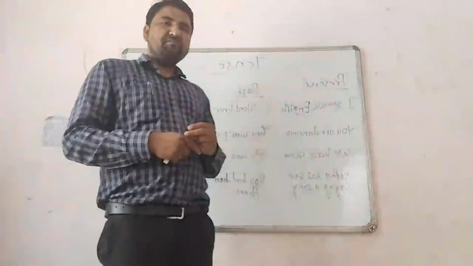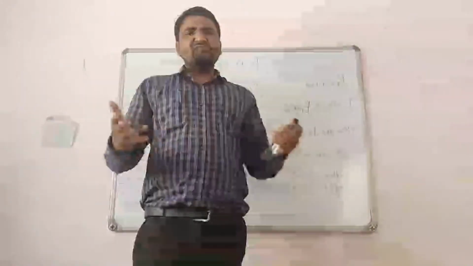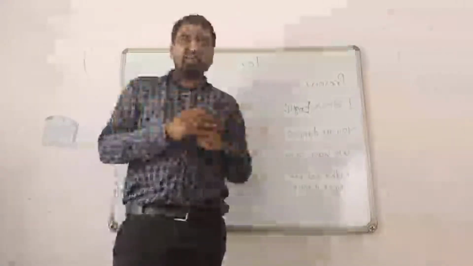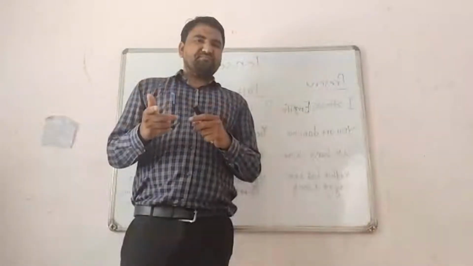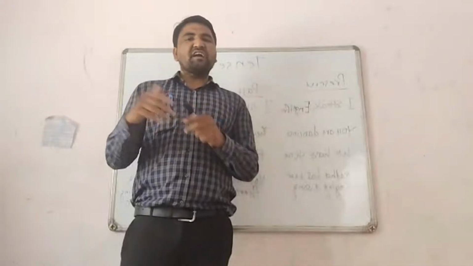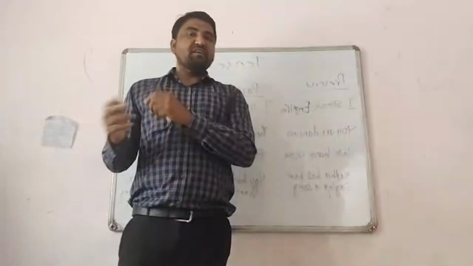The final tense. What is past perfect continuous? Past perfect continuous tense is nothing but an action which had started in the past, and that action was going on at the given time.